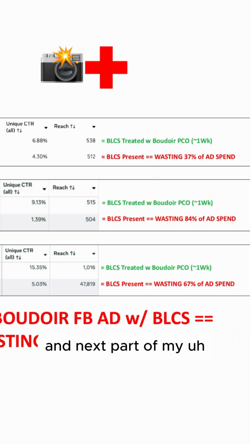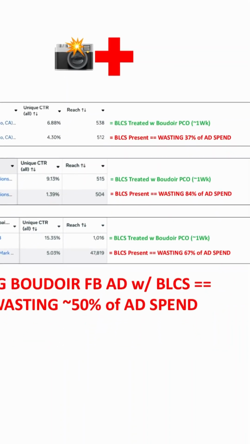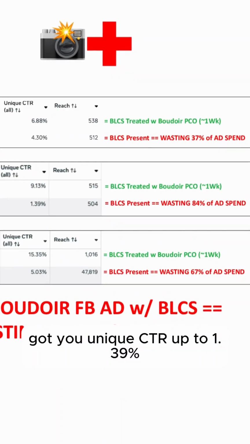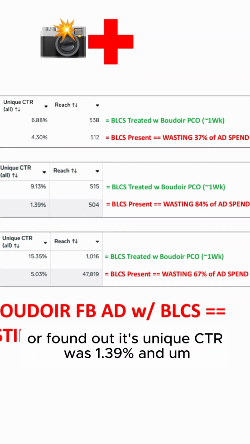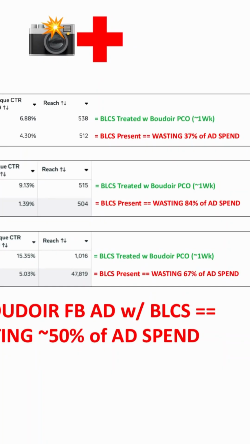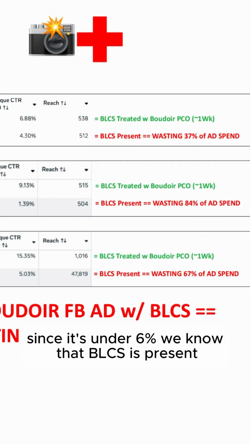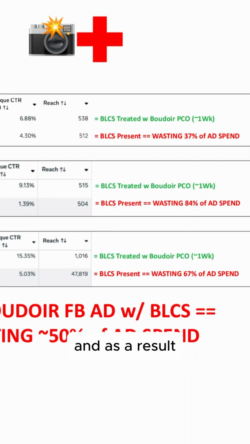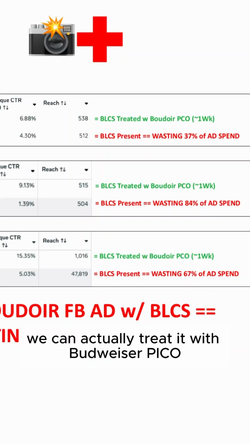And next part of my residency, the second Boudoir Facebook ad, we found out its unique CTR was 1.39%, and since it's under 6%, we know that BLCS is present, aka Boudoir low click syndrome, and as a result, we can actually treat it with Boudoir Pico.